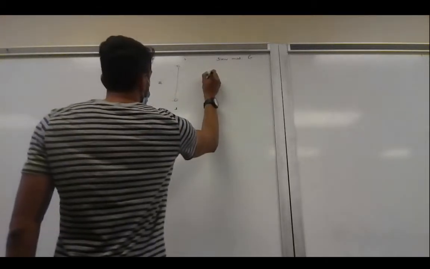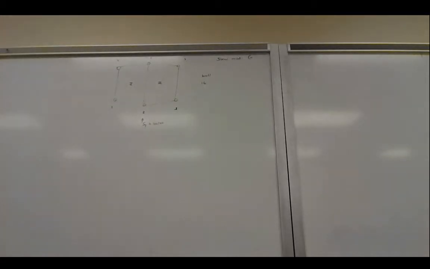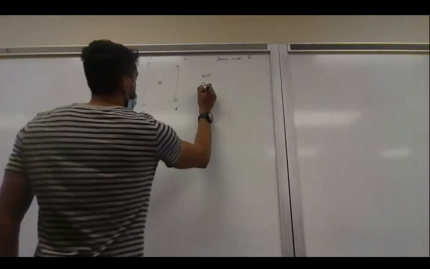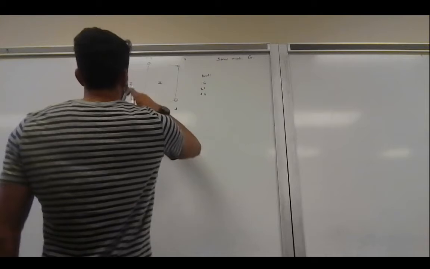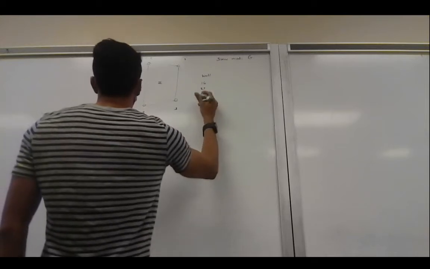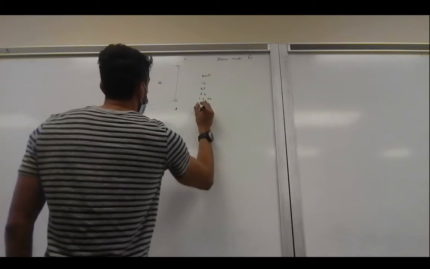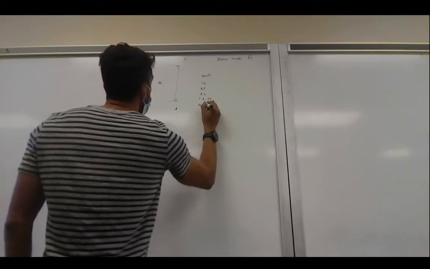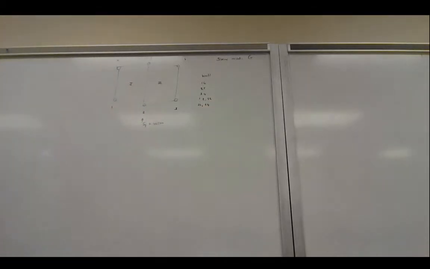the walls: 1-6, 2-5, 3-4, then 1-2, 5-6, then 2-3, 4-5, and 2-5.